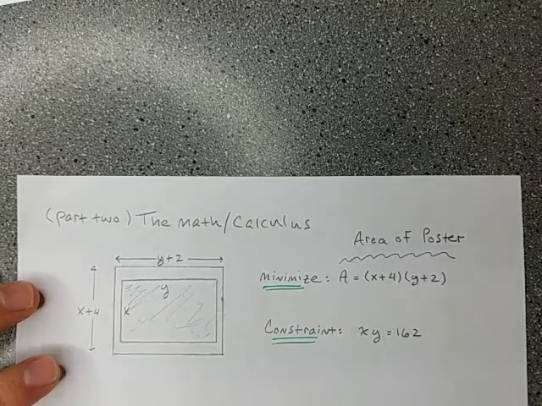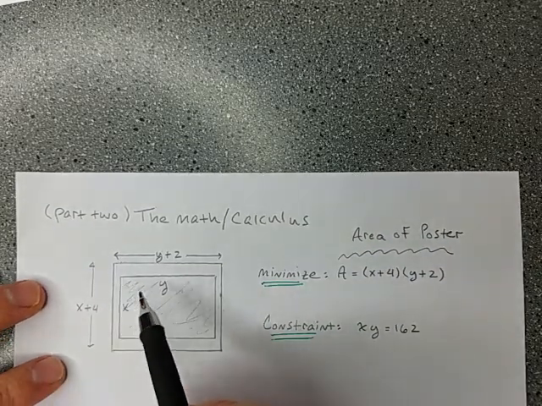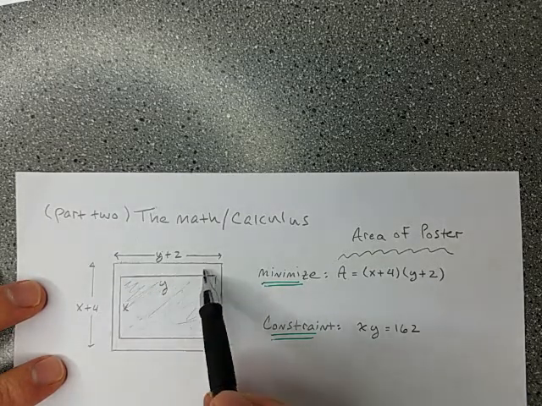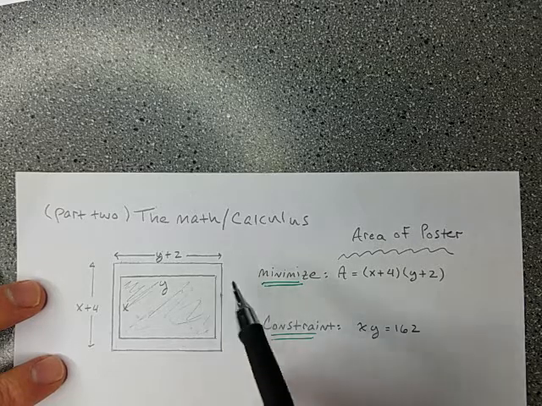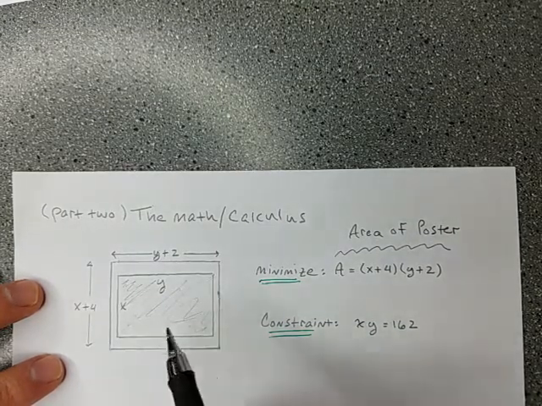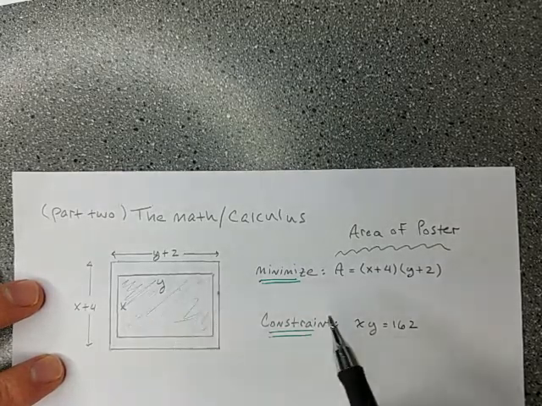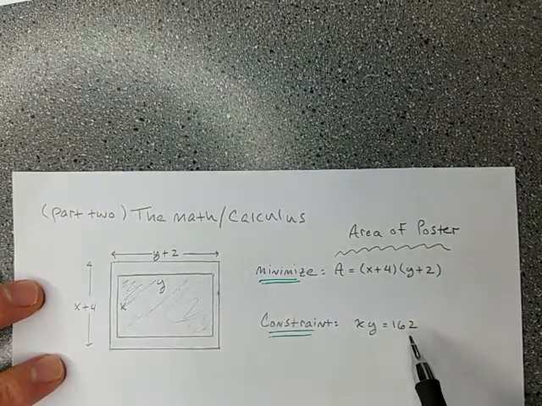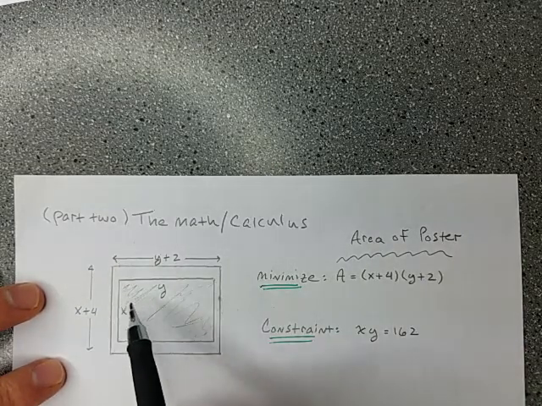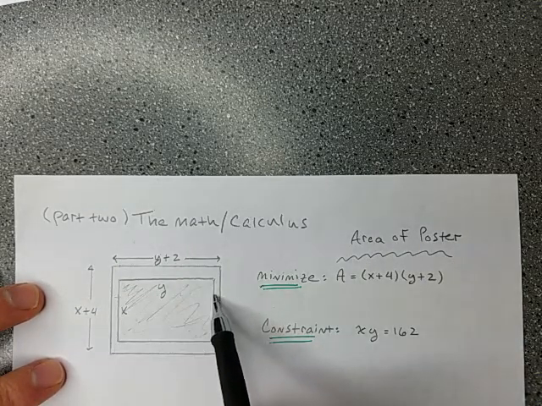Here's how I compose this problem. Let's call the printed space in here x by y. And x times y has got to be 162, because the printed space must be 162 square inches. Now, for the overall size of the poster, remember, we have 1 inch margins on the left and right.